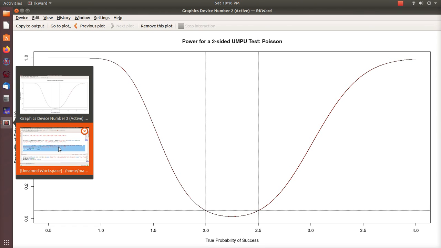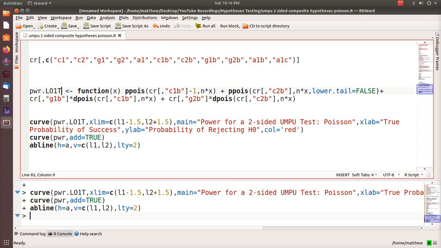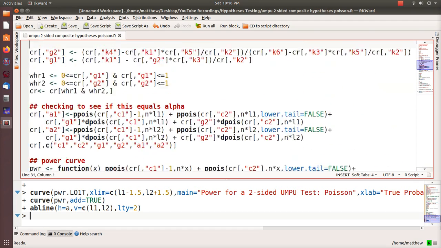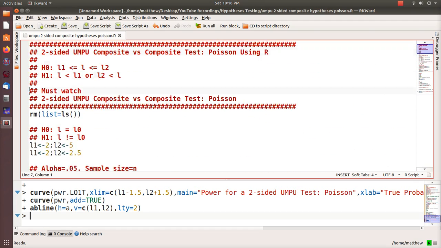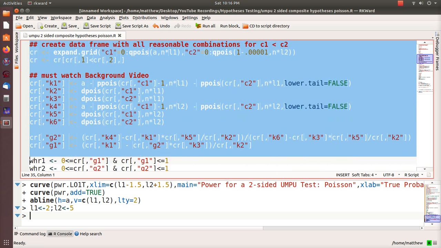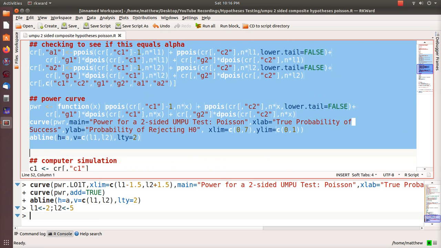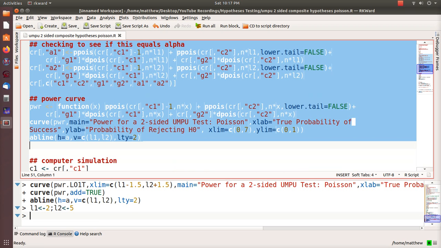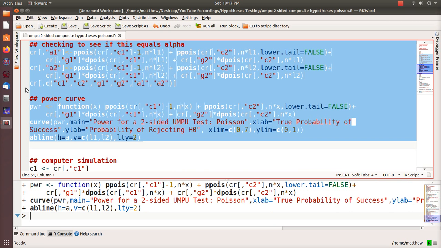Now, as promised, I want to go through the power curve for this other setting, and that is lambda 1 is 2 and lambda 2 is 5. So we're really spreading them out. And I'm just going to highlight everything and let it run, and then look at the power curve.